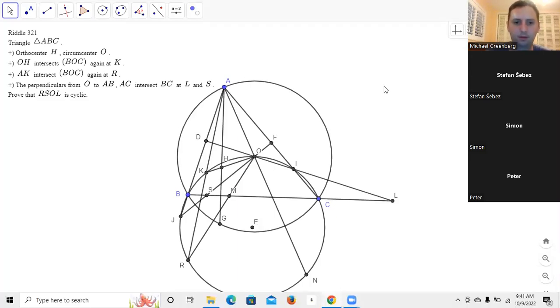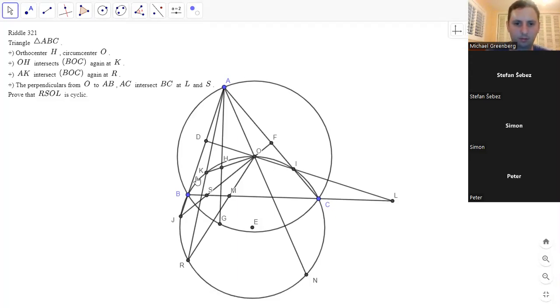Maybe we can now project onto the altitude through O, AH. Then we basically get rid of most points in the diagram. So then we would have this point right here, these two.